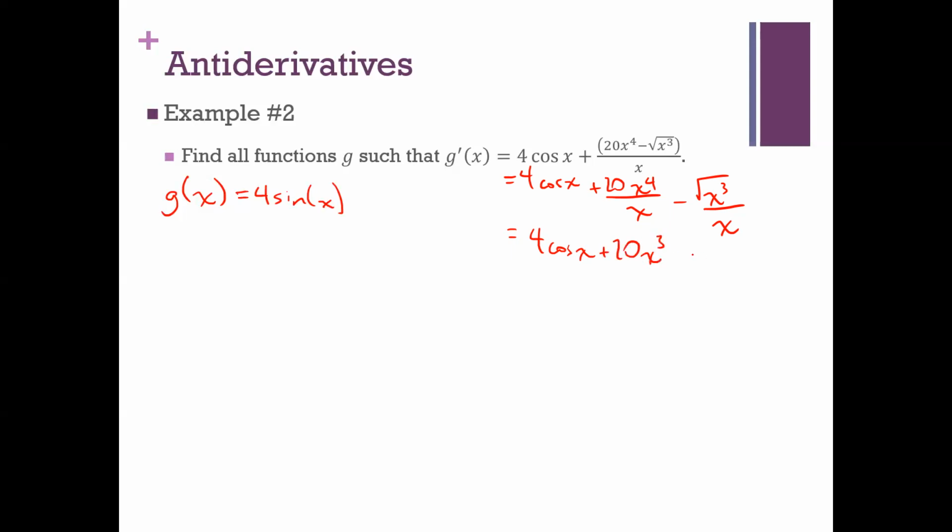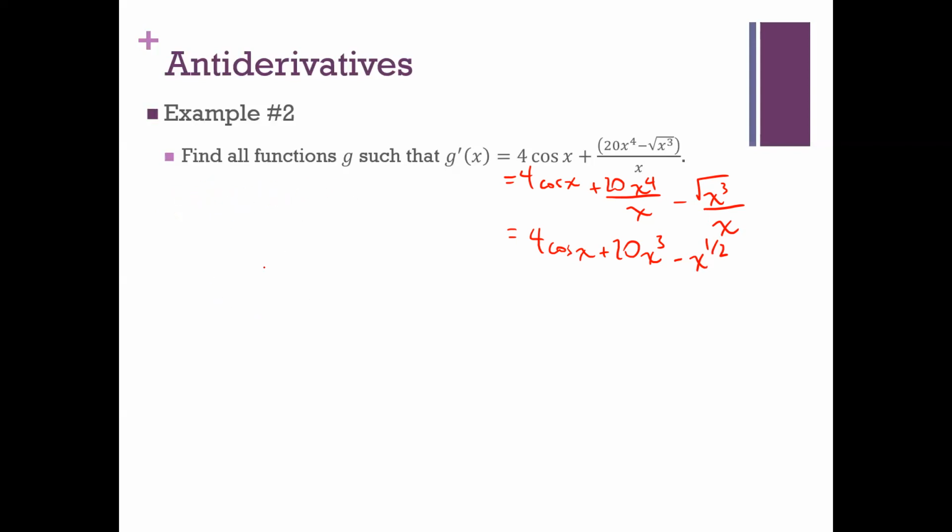How about the final term? What's the power on x in the numerator? There should be 3 halves, right? Yeah. So 3 halves minus 1 is going to be minus x to the 1 half.